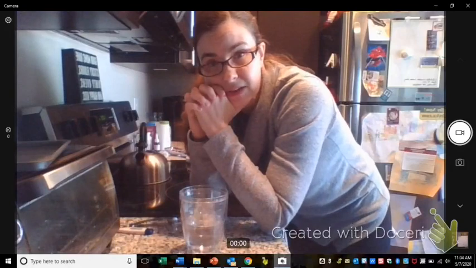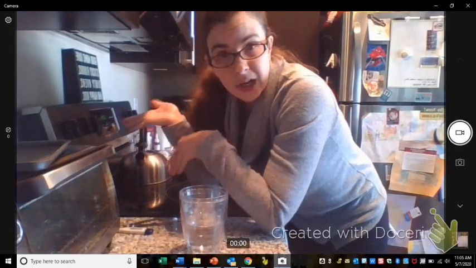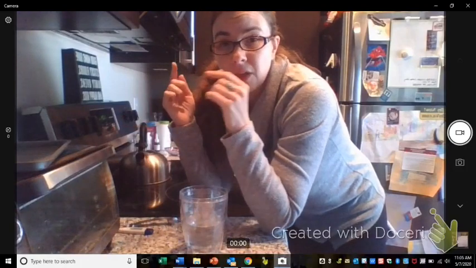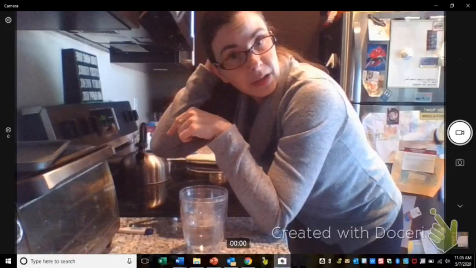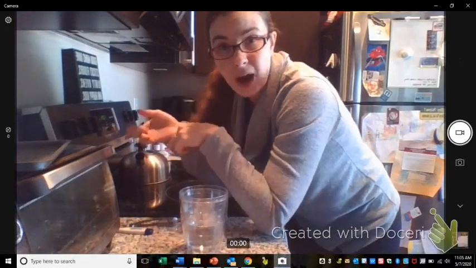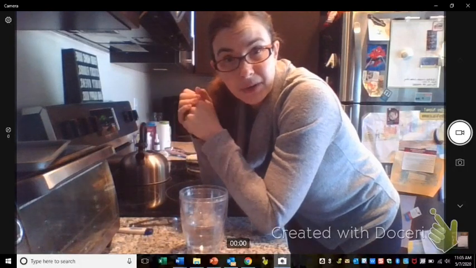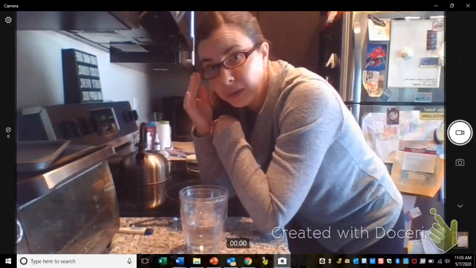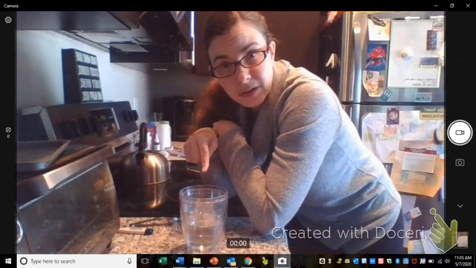And I want you guys to think about this for a second. The rock is very hot. The water is at room temperature. So what's going to happen to the temperature of the rock as soon as I put it in there? It's going to go down, right? This rock is going to cool down. What's going to happen to the temperature of the water?